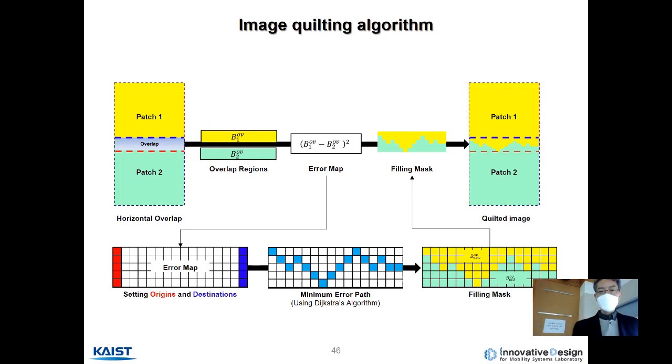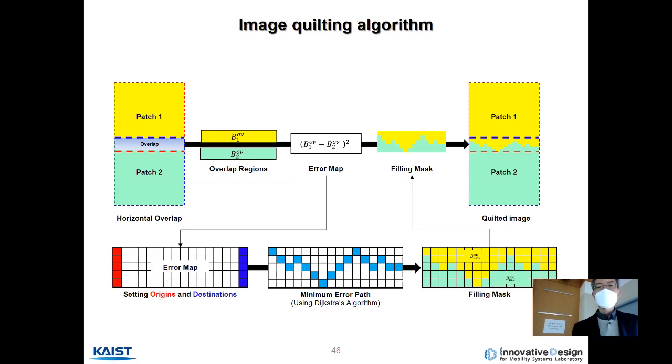So we use this image quilting algorithm. This is very simple. Between two patches, we intentionally made the regions overlap, and then we measured error maps. And then by using the dijkstra algorithm, we can make the smoothest cross section between two regions.